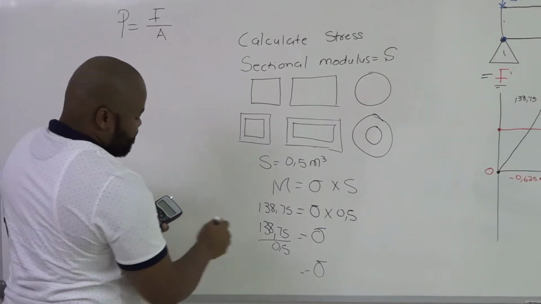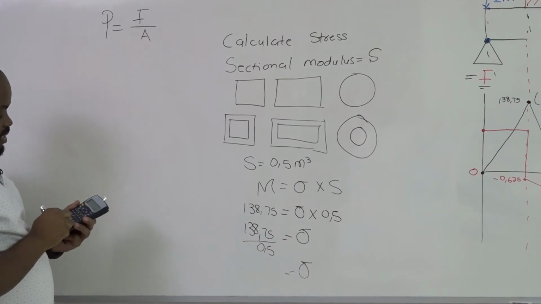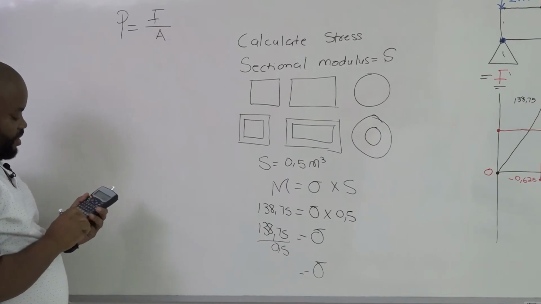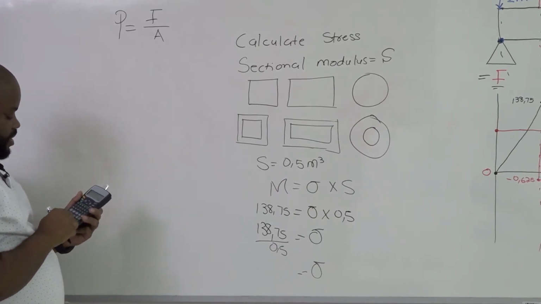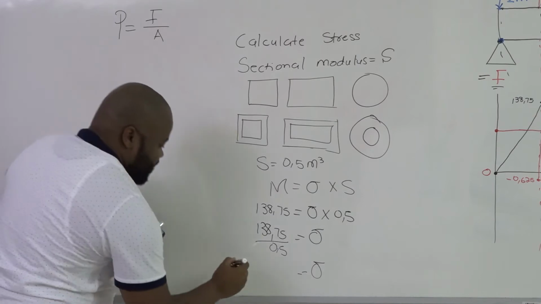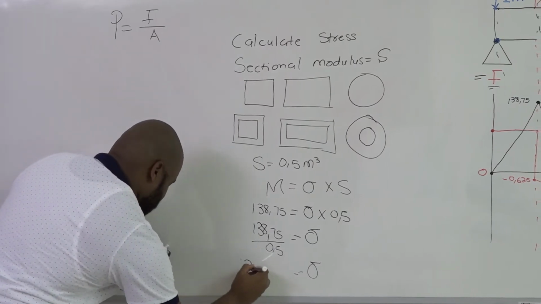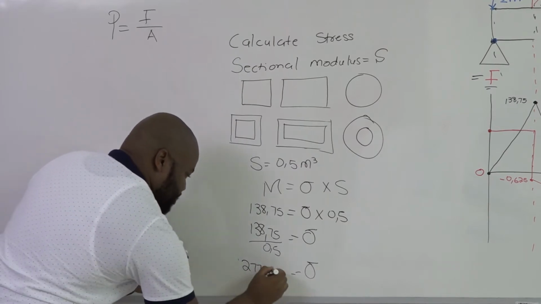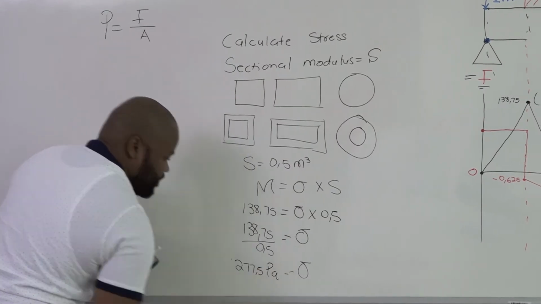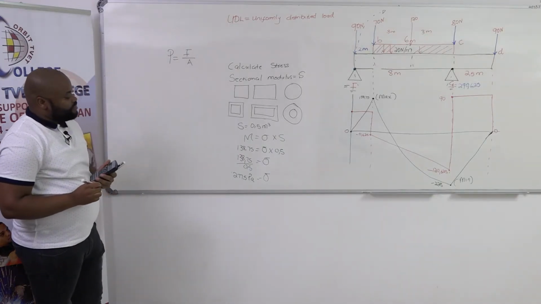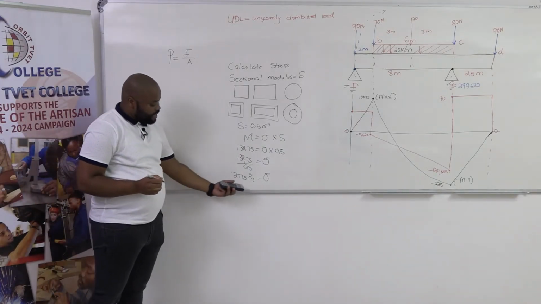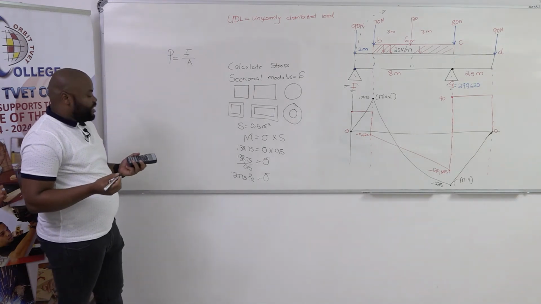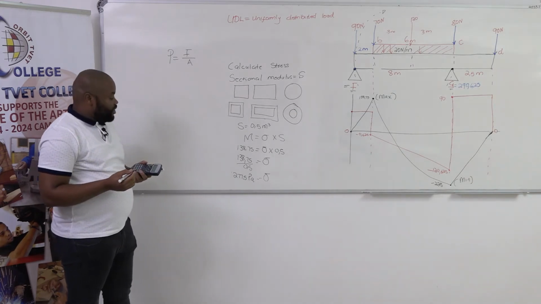So now we're going to have 138.75 divided by 0.5. Then we get that our stress is 277.5 pascals. Sometimes they would represent pascal as kilopascal, which has a prefix of kilo.